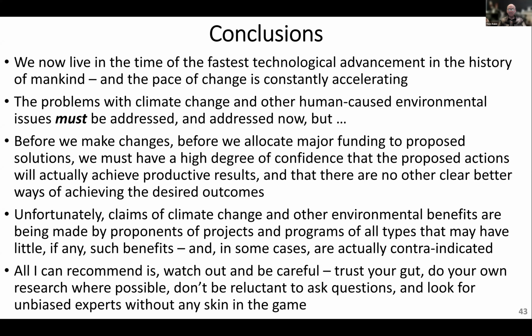So all I can recommend is stay on top of things, watch out, be careful, trust your gut, do your own research. Don't be at all reluctant to ask questions and demand backup. Look for unbiased experts without any skin in the game.